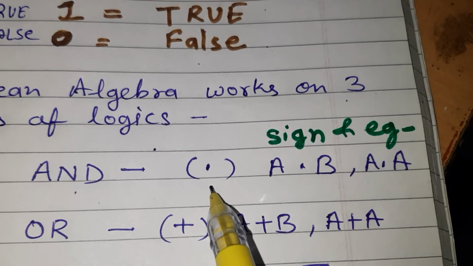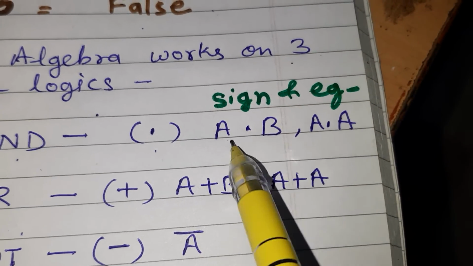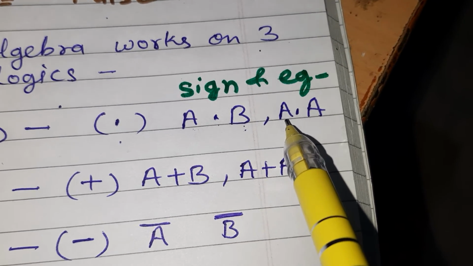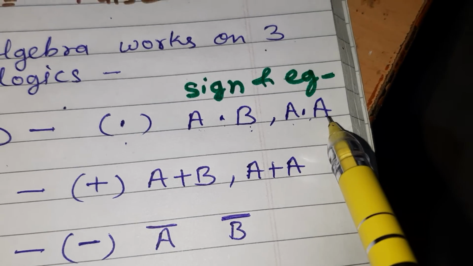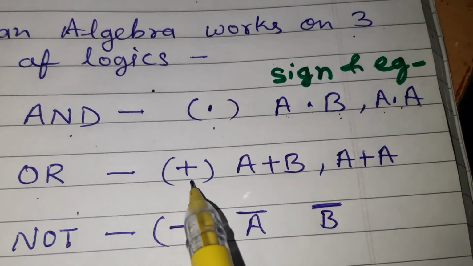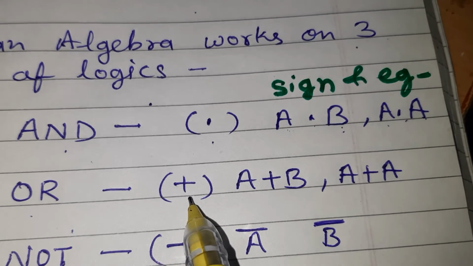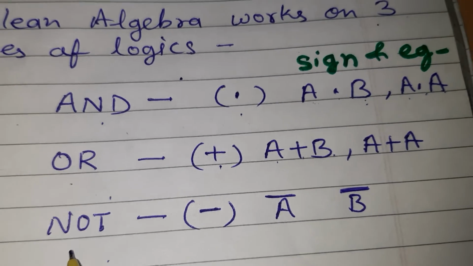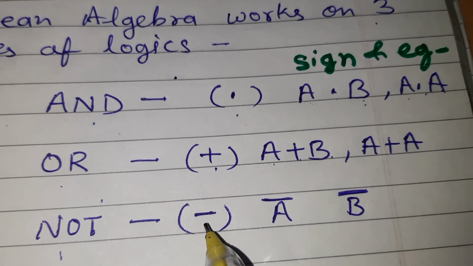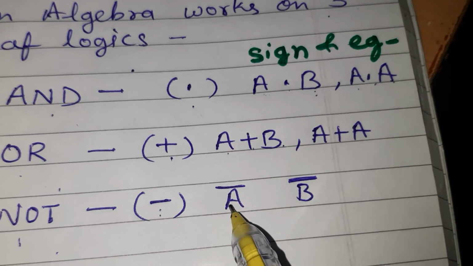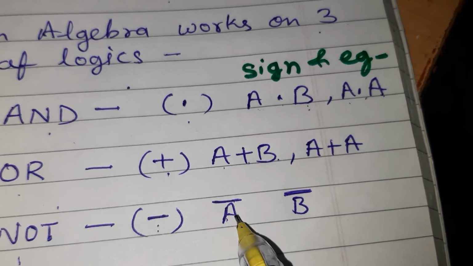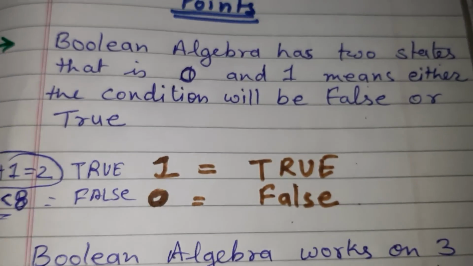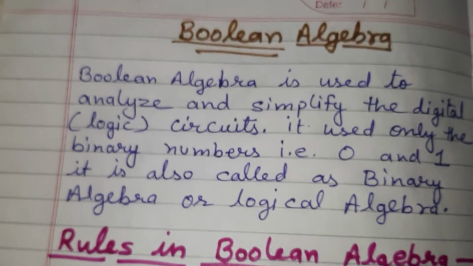AND is indicated by the dot sign, for example of two inputs A and B. OR is always indicated by the plus sign, that is A or B. NOT is always indicated by the overbar, that is A overbar and B overbar. These are the simple introductory rules of Boolean algebra.